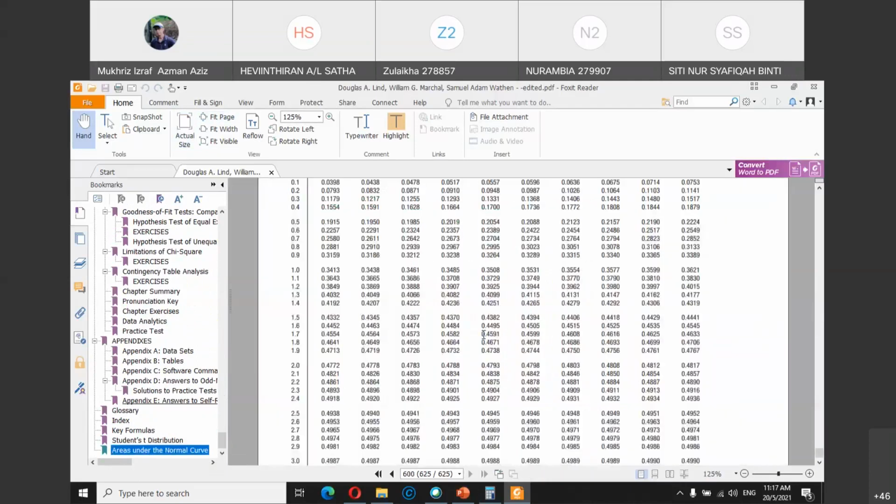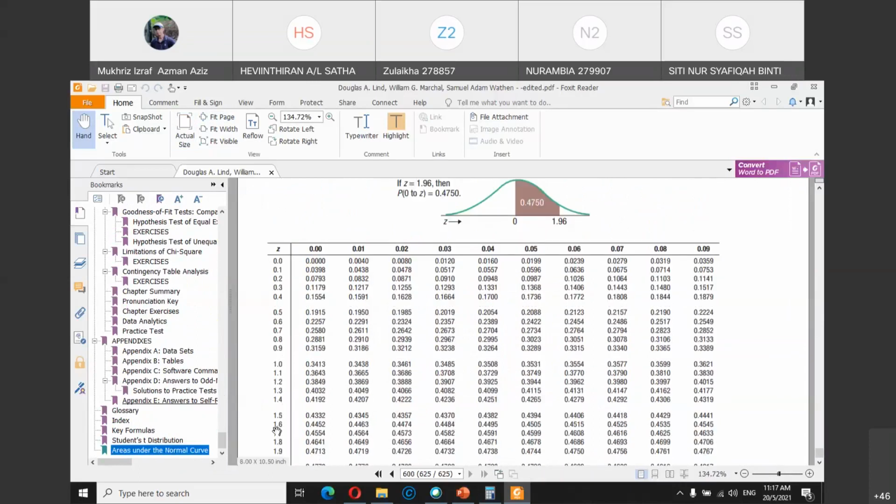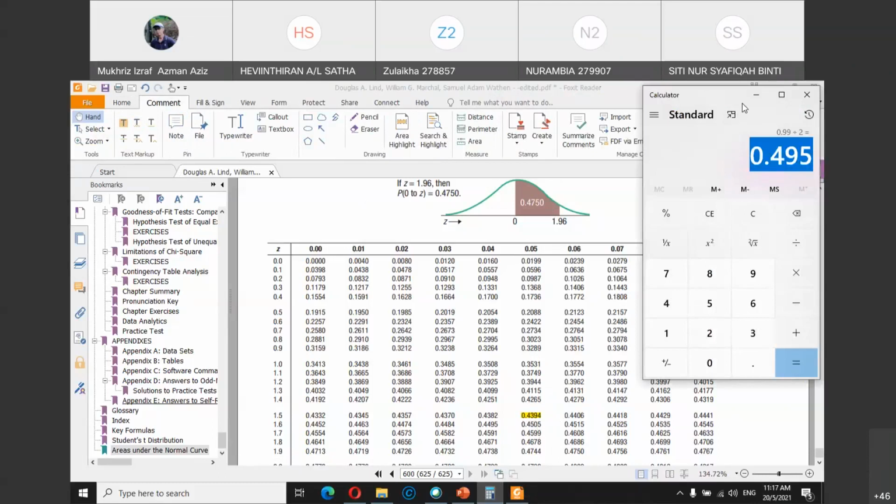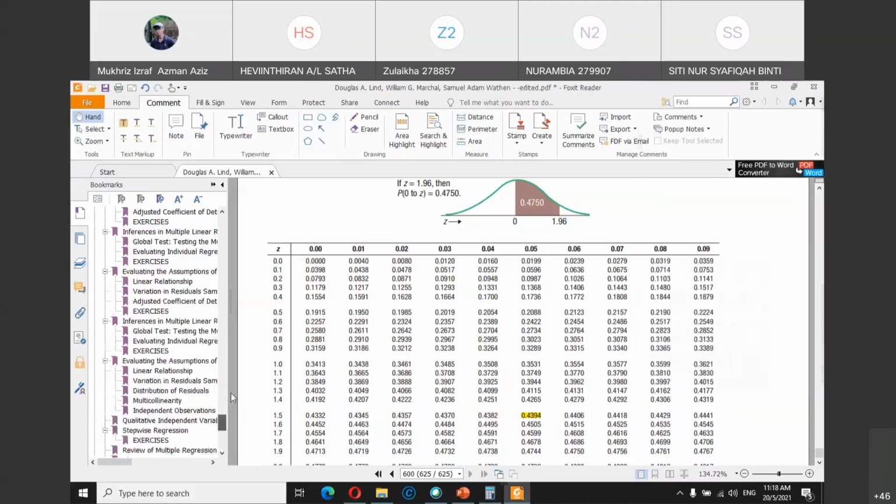So 1.55 is this one, right? The area under the curve for 1.55 is 0.4394. So remember, the value for 1.55 is 0.4394. Okay, let us go back to this.